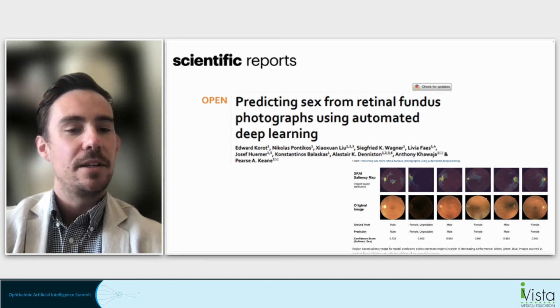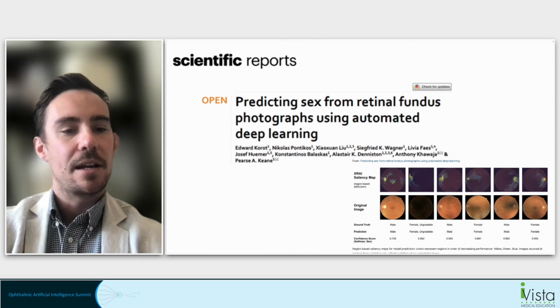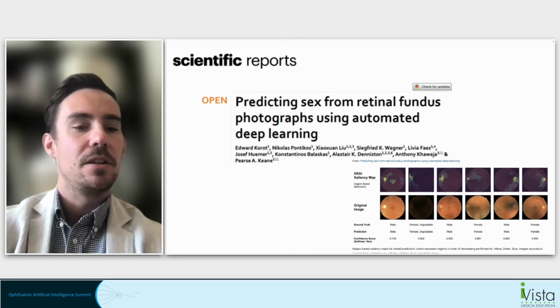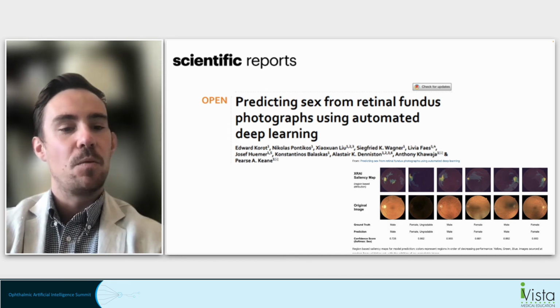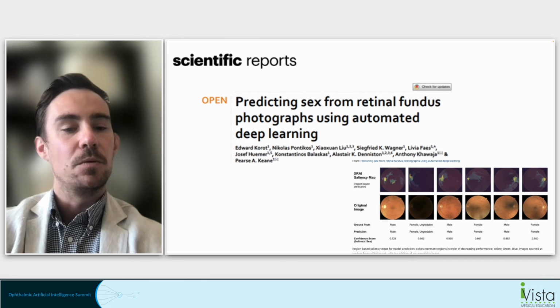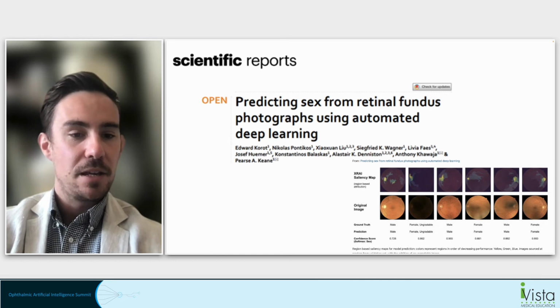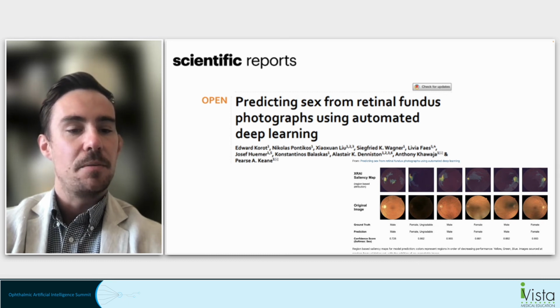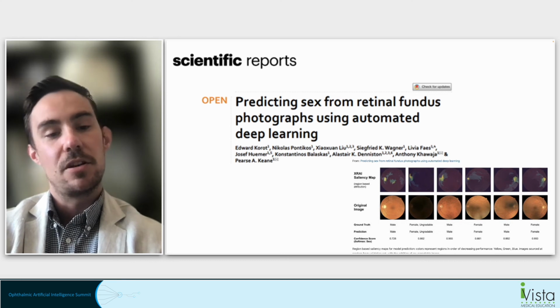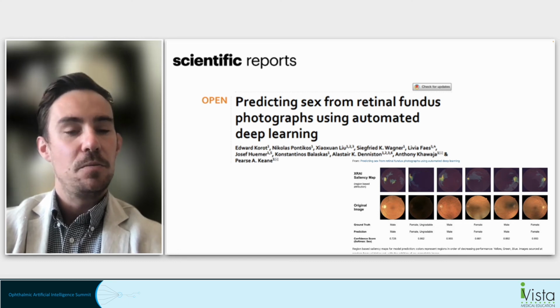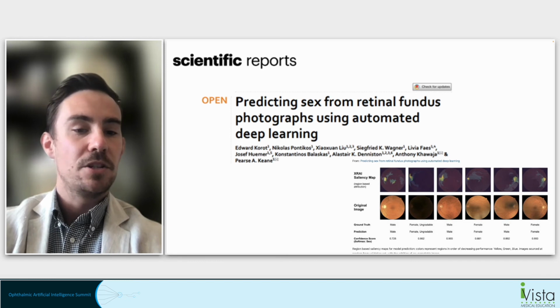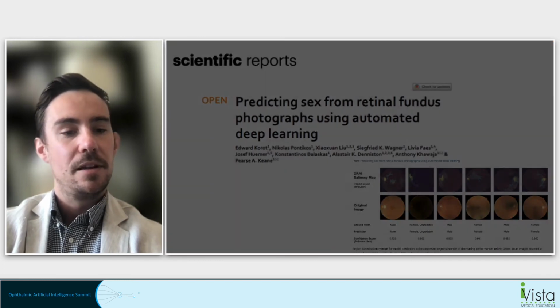So how cool would it be if we can design a model that predicted sex from retinal fundus photographs using AutoML without coding, and then looked at the region-based attribution maps to see where the salient regions in the fundus photograph were for that decision. And we found that the vessels, the macula, and the nerve were actually all important features, and especially interesting in column 2, where images that were deemed ungradable by humans actually had salient regions and correct predictions by the model.